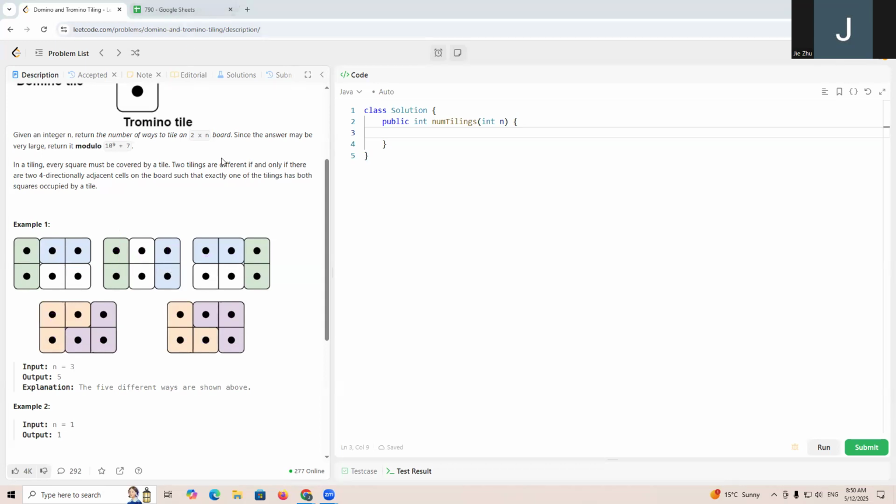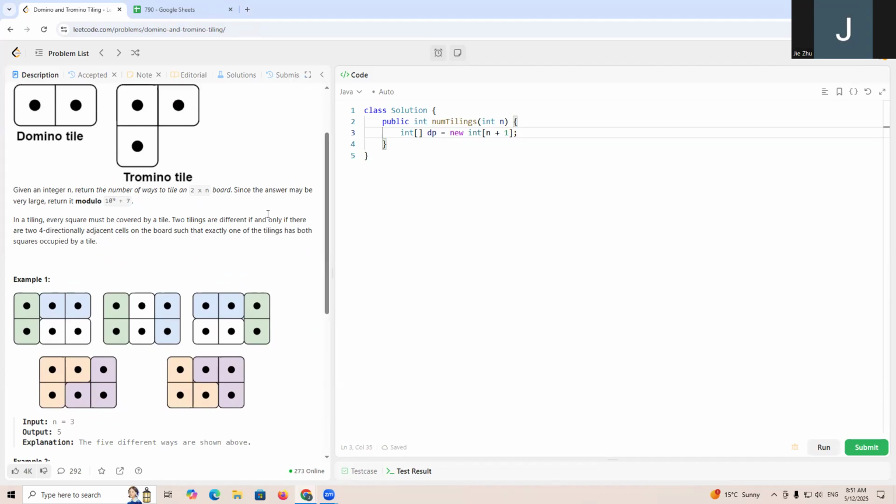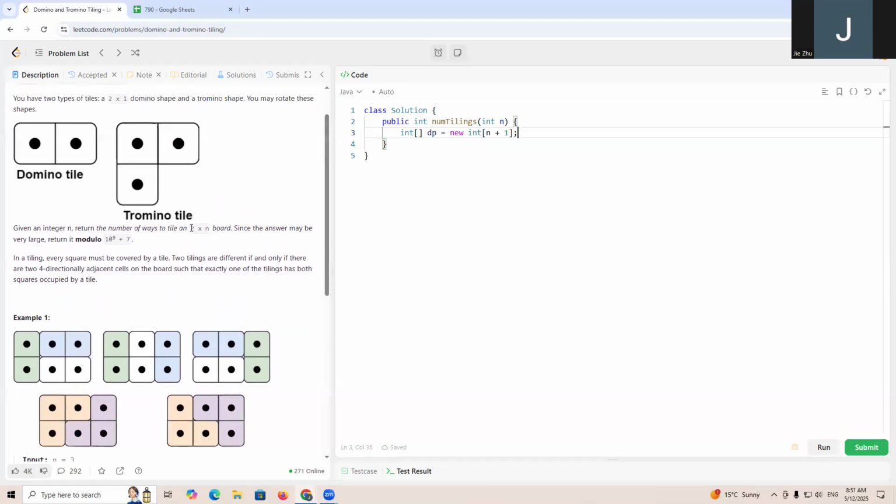So let's look at this. We can think about using dynamic programming for this question. So for dp[n], we can have an int array dp of size n plus 1, because we can have dp[1] equals 1, where the index is the width.